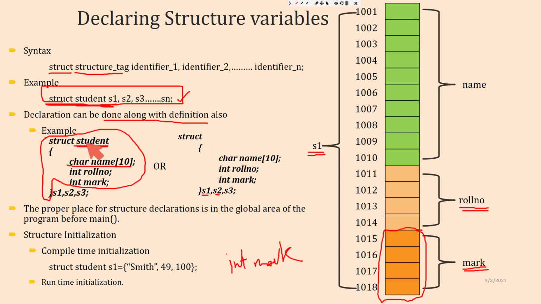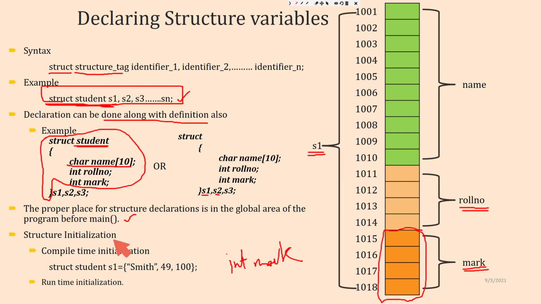So when we declare along with the definition, we can avoid the structure tag. The proper place for structure declaration is in the global area of the program before main. This will be clear when we write the program.